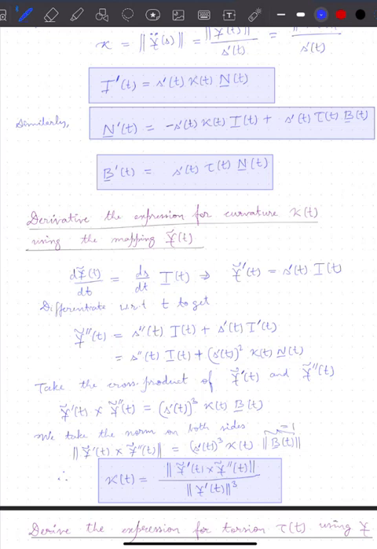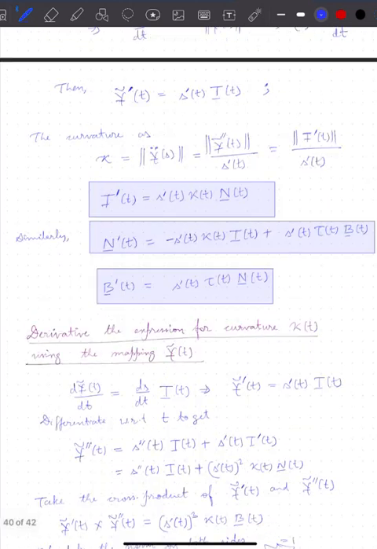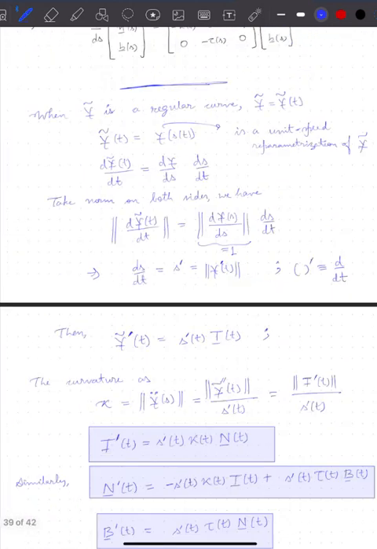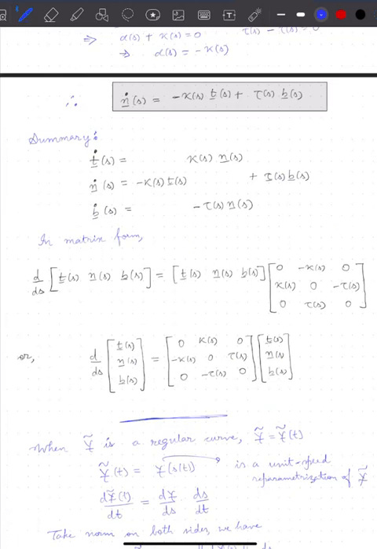Yeah, and we'll also try to talk about some advanced properties of curves before we move on to surfaces, if possible by the next session. Okay, so this equation that we had talked about, right? This one is also called the Frenet equations.